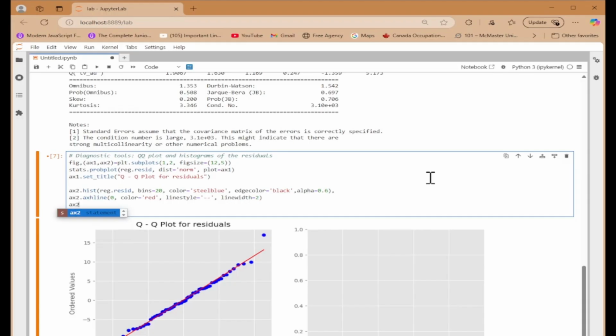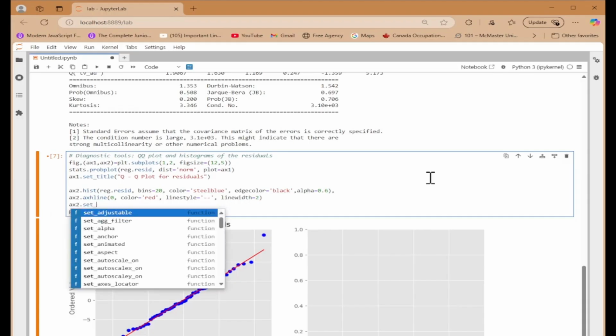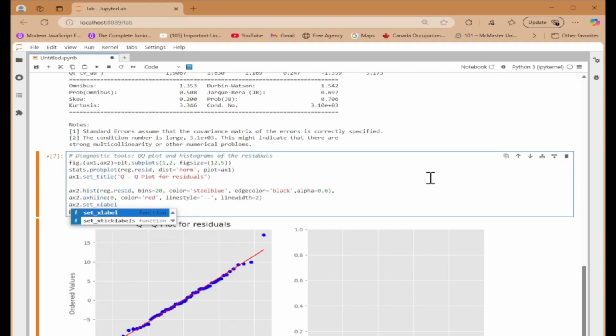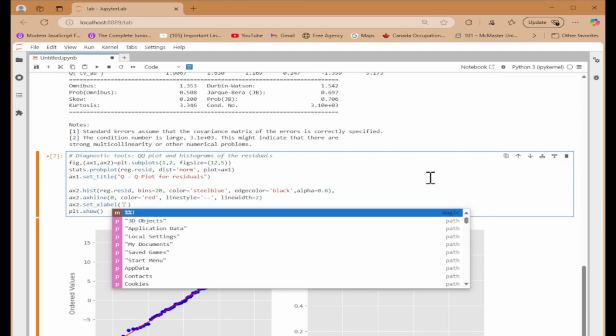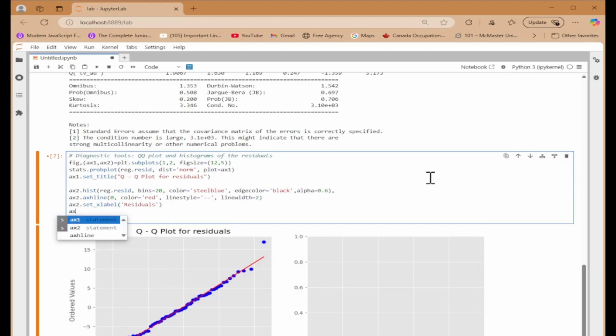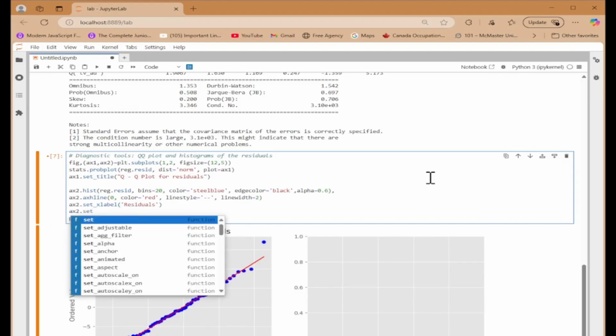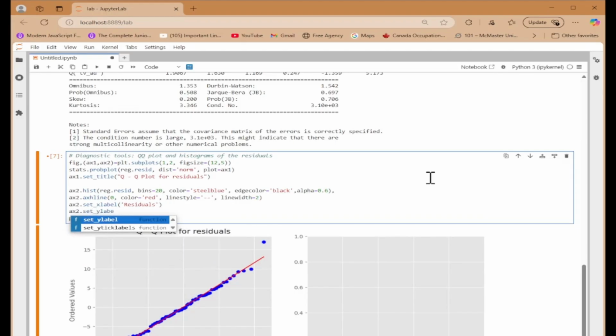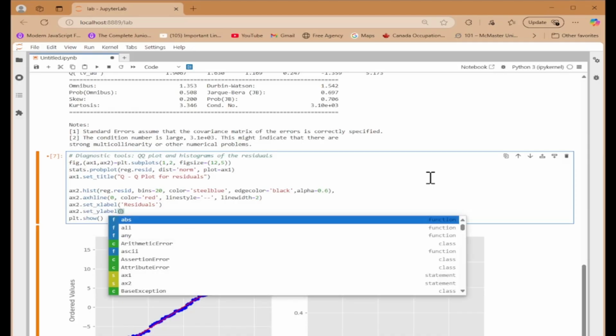ax2.set_xlabel, what is going to be in the x label? Residuals. Okay, similarly ax2.set_ylabel, what is going to be in there?